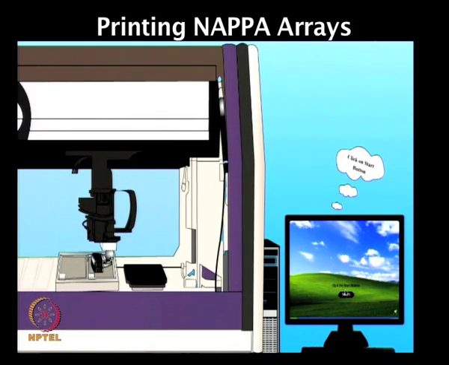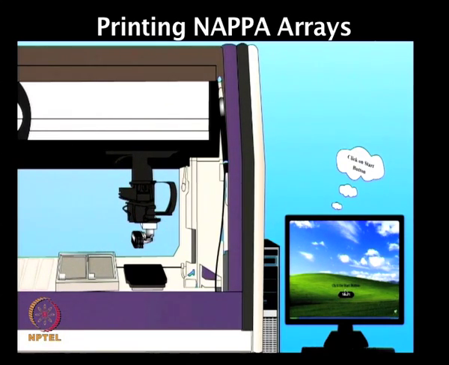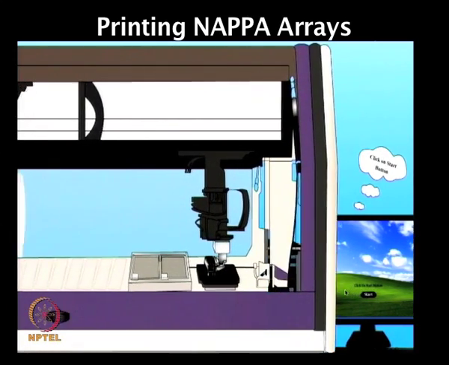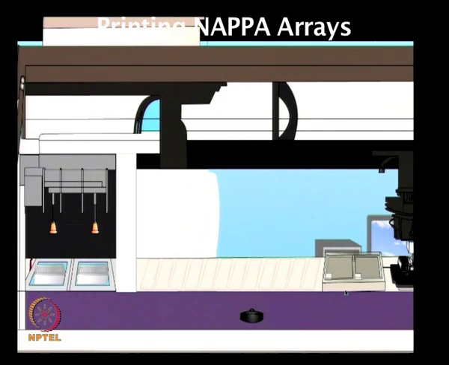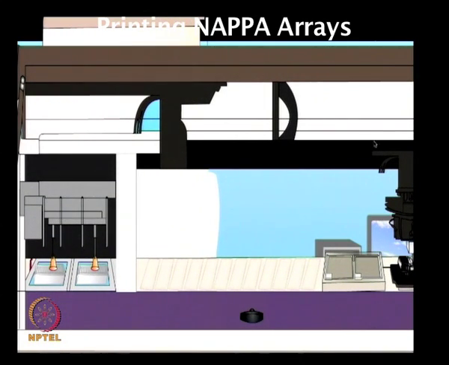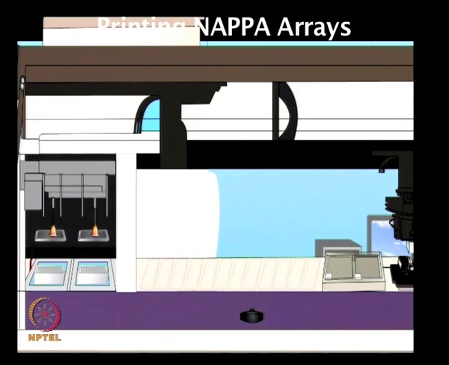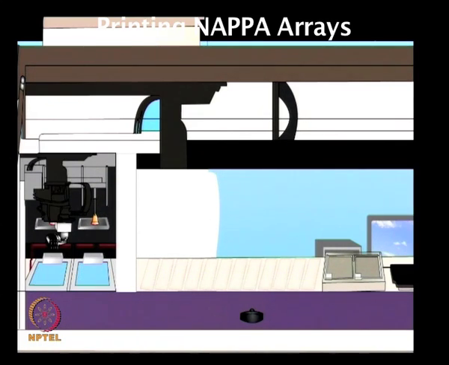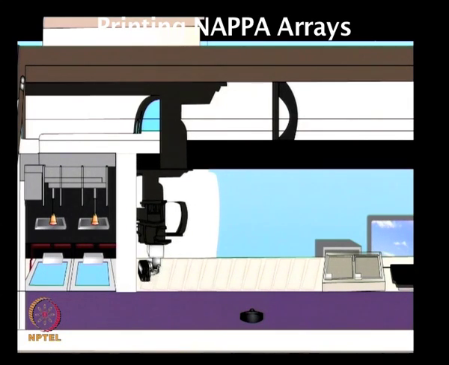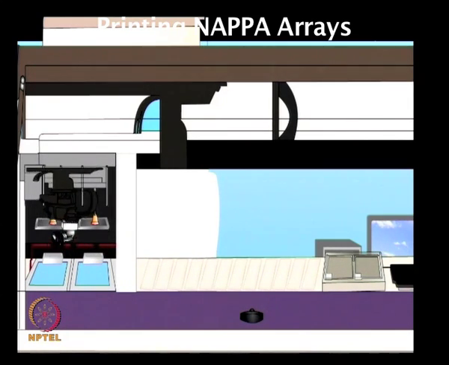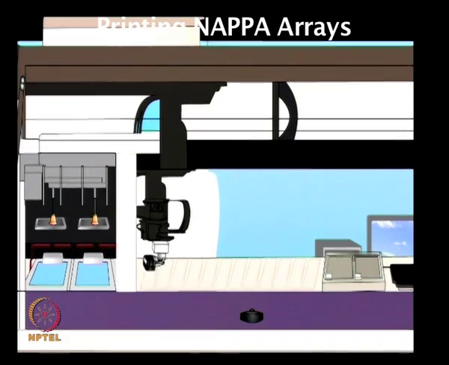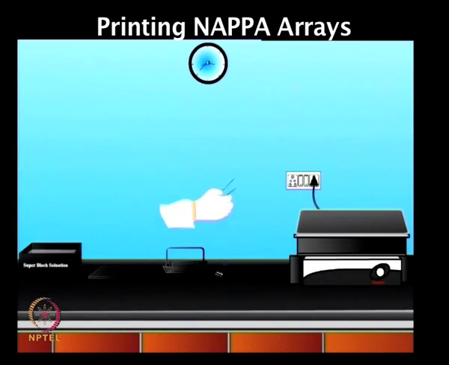You can wash with ethanol and water, and during the entire printing procedure, we need to ensure that humidity is maintained at 45 to 60 percent. One can use different types of pinheads and different types of microarrayers for printing the chip. Now, this master mix can be printed on the chip.